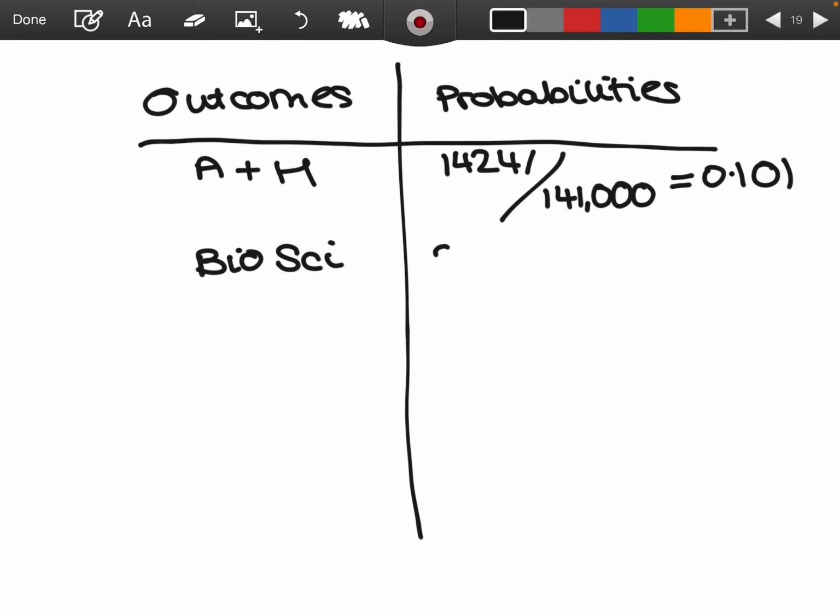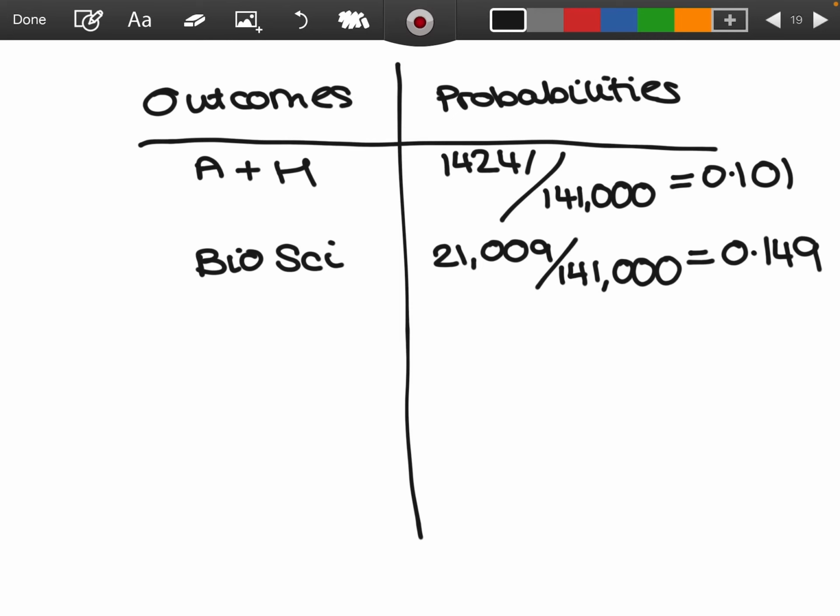And it tells us that 21,009 of those 141,000 students intended to major in biological sciences, and if you type that into a calculator you get 0.149.